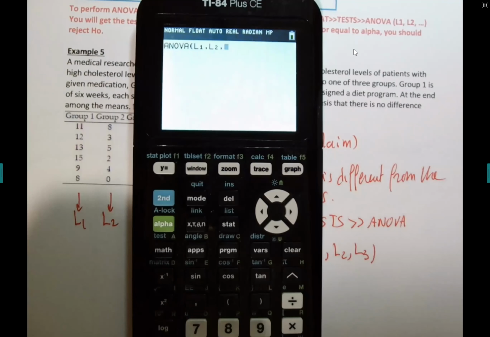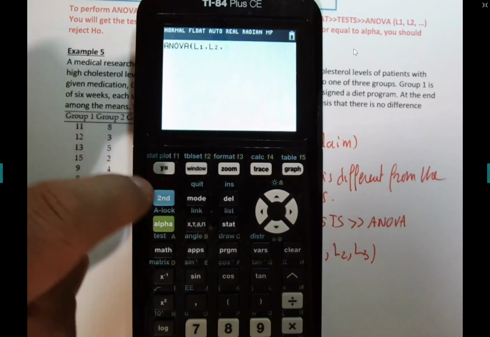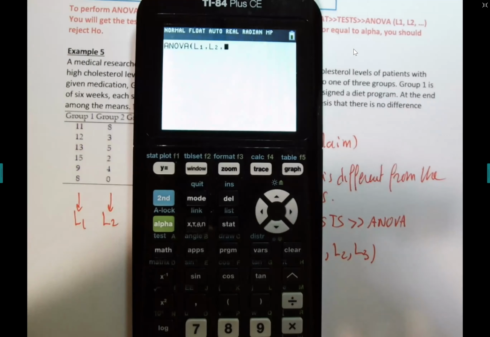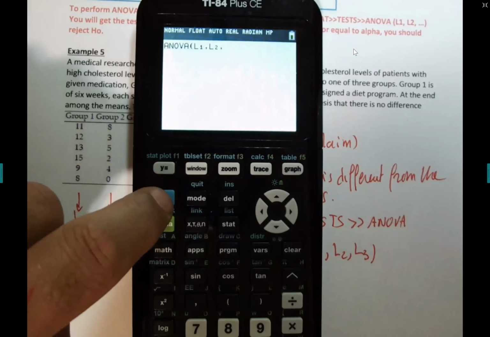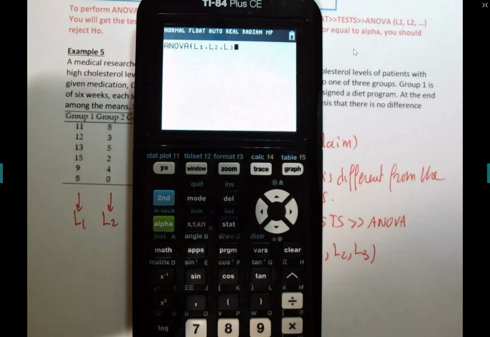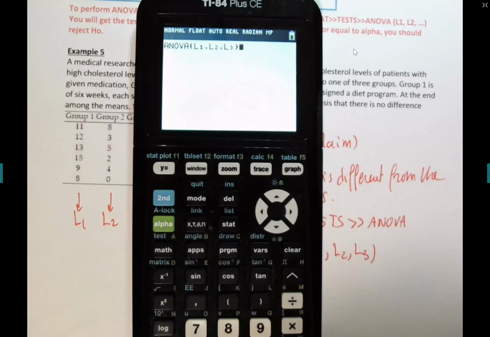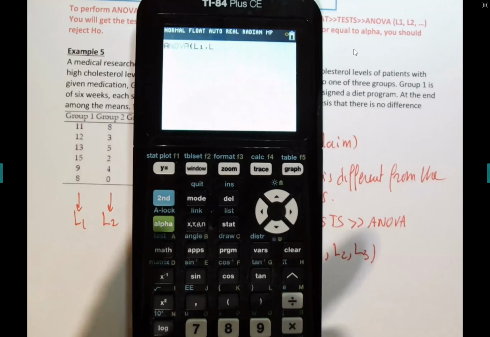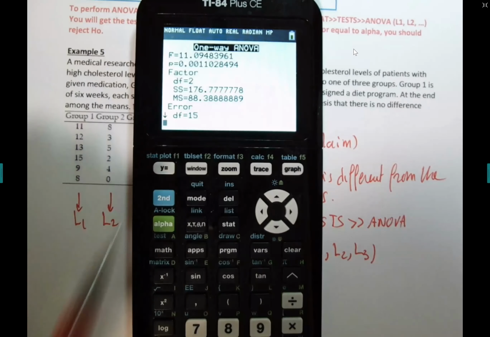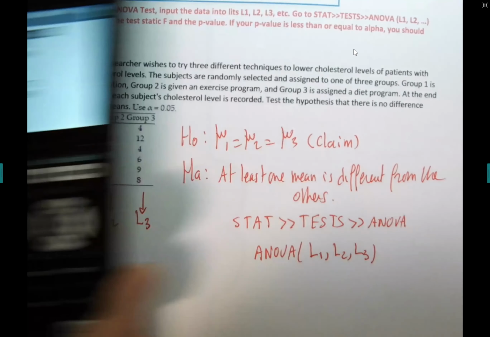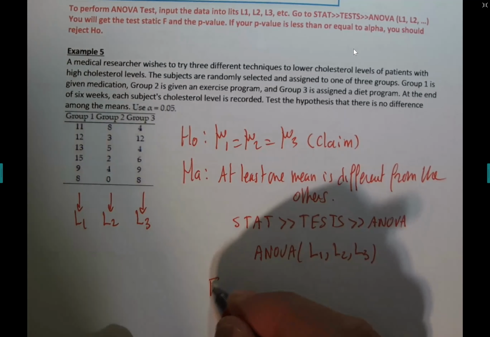Then I put a comma, then if you have 5 sets, guys, you do L1, L2, L3, L4, L5. So that's it. And close it. There you go. The test statistic is called F because we're using the F distribution here. So F is 11.09.